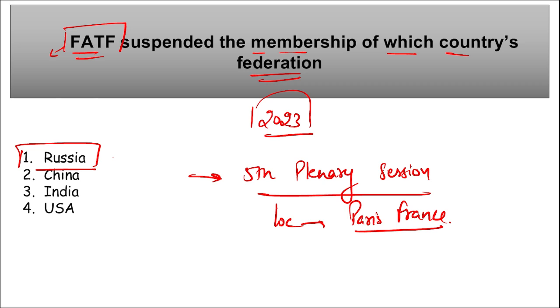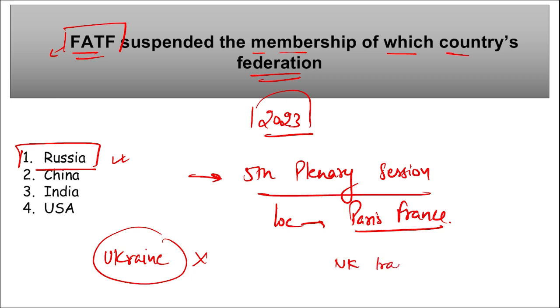Apart from this, remember we just saw that the Russian Federation was suspended by FATF in Feb 2023 last year. Ukraine is not a member of FATF, remember this also, right? And countries such as North Korea, Iran, Myanmar, these countries are blacklisted countries of FATF.